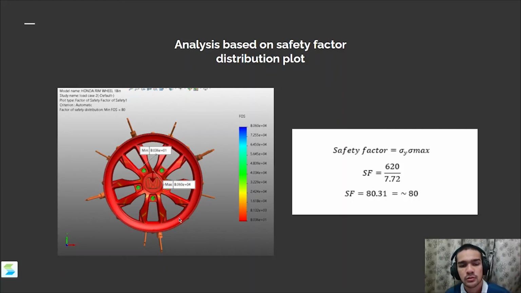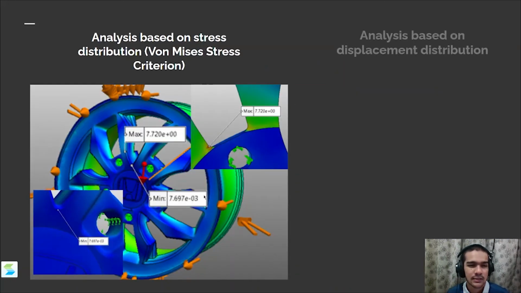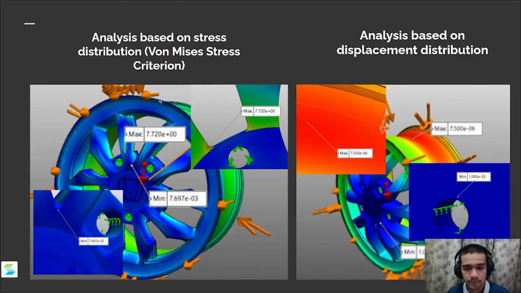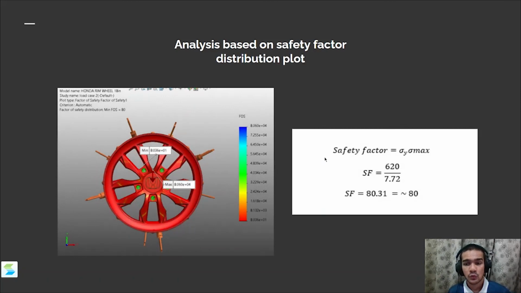We chose the material as aluminum alloy, which has a yield stress of 620, and from the previous stress analysis, the von Mises stress criterion, we have the maximum stress value of 7.72 megapascal. So dividing the yield stress by the maximum stress on the rim, we get the safety factor.